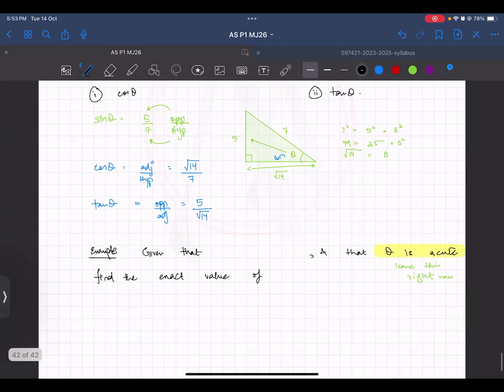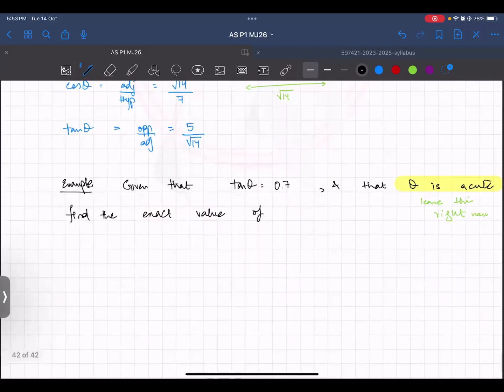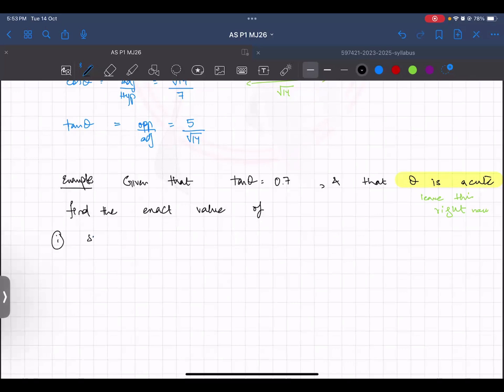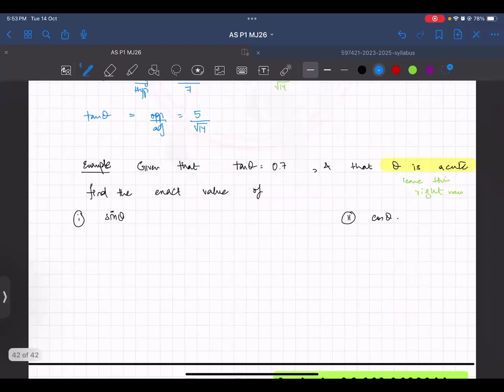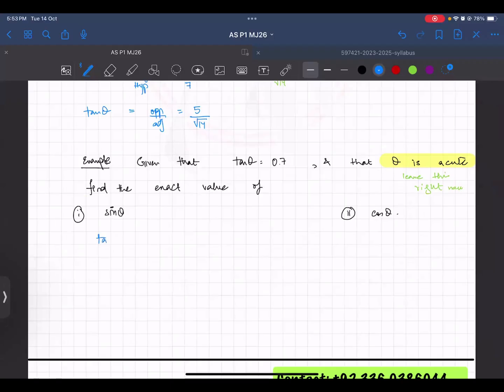Let's suppose it is given now that tan theta is 0.7. Find the exact value of sine theta and cos theta. How would you do this one? Again, they have given you that tan theta is 0.7.